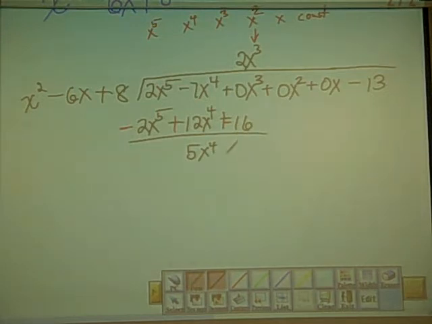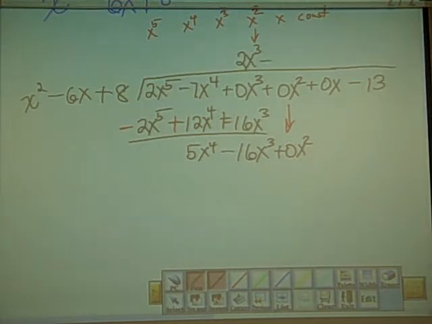And here we have a minus 16x cubed, so we bring that down. And because our divisor has 3 places, we have to bring the 0 down, so that would be plus 0x squared. Now we ask ourselves, what times x squared will give me 5x to the 4th?